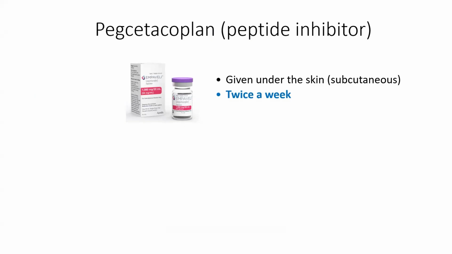Pegcetacoplan was the first one that was approved in Canada and in Manitoba, where if you are on eculizumab or ravulizumab and you're still not getting that maximum benefit that we hope you're getting, or you're not tolerating it for whatever reason, now we have access to pegcetacoplan. This is very different.